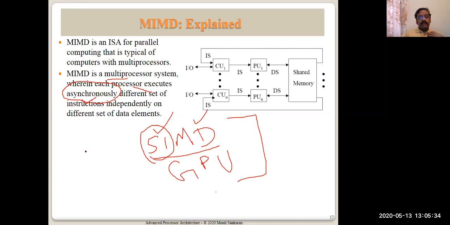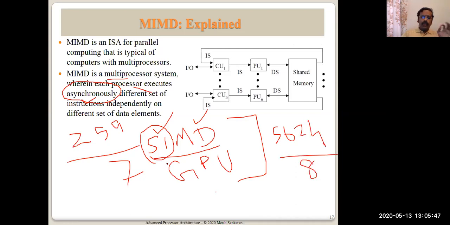You may wonder that if I use different data, will it take more time? For human beings, suppose I divide 259 by 7 and then 5624 by 8, you may take different amounts of time for division, because we are human beings. We don't process these numbers as a whole; we go sequentially, we keep dividing.